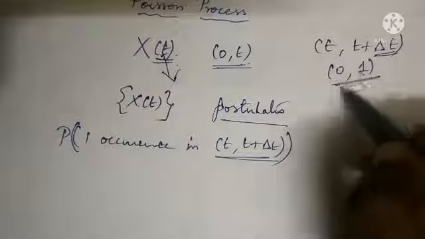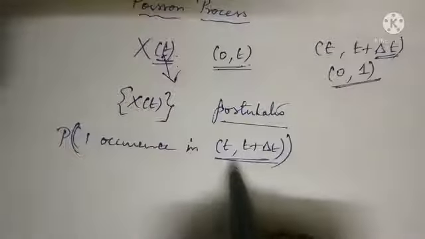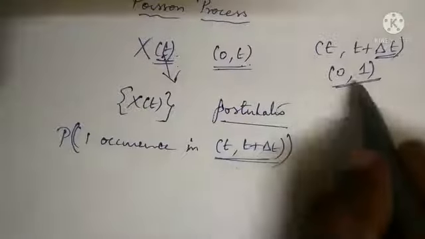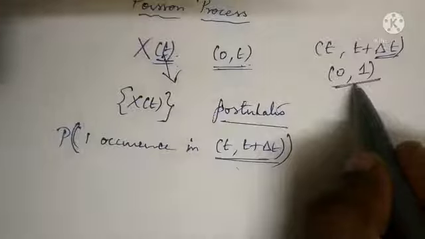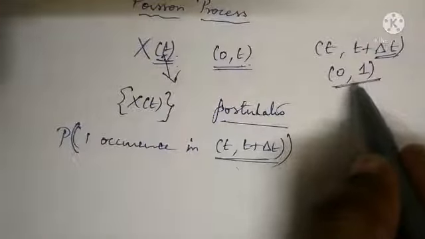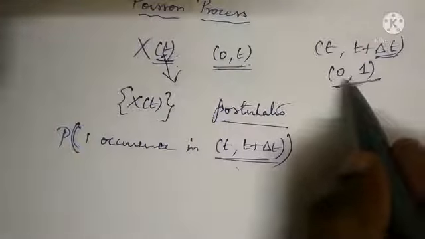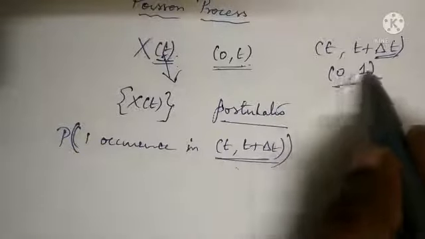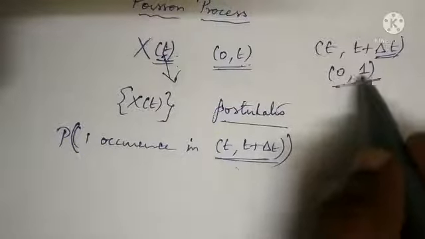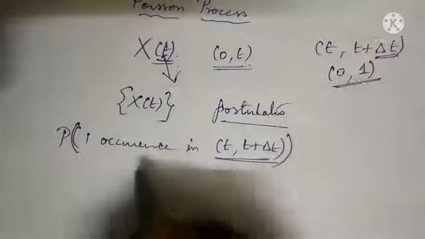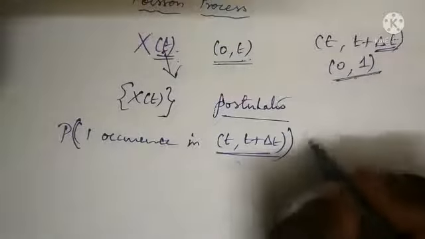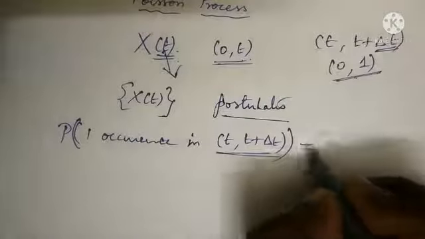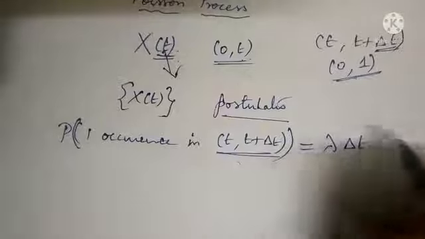So if you consider this interval 0, 1, there may be one occurrence in this interval or no occurrence. There are only two possibilities: no arrival or one arrival in this small interval. So the probability of one occurrence in the interval t, t plus delta t is lambda into delta t.